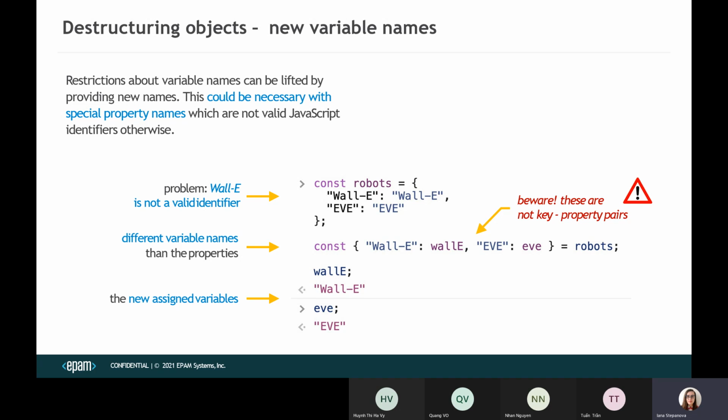But what shall we do if we want to save the key value pair under a different name? For example, here I have const robots and I have Wally. And Wally is not a valid identifier because I cannot have this special symbol inside my variable name.